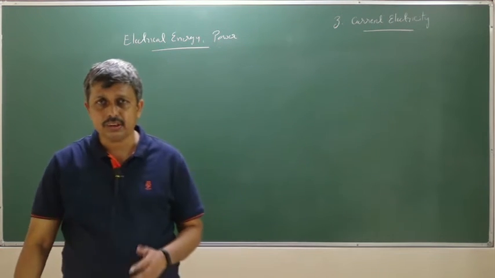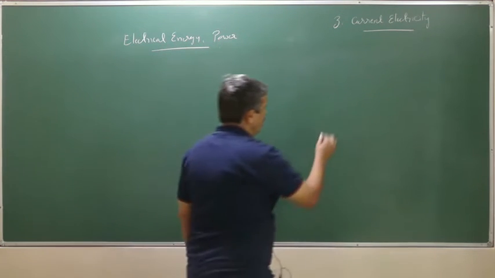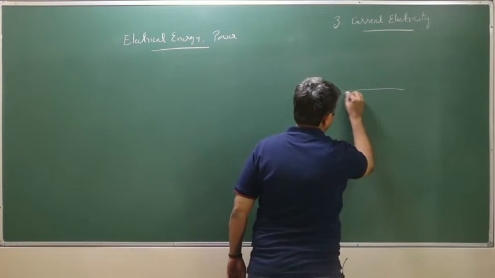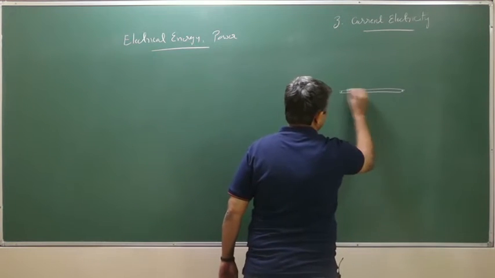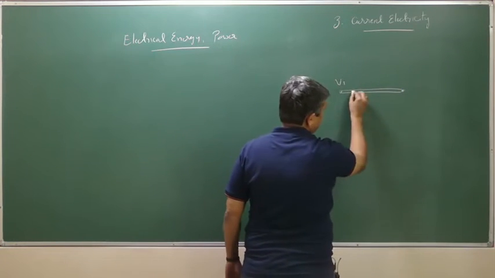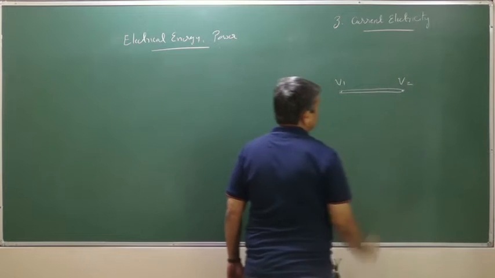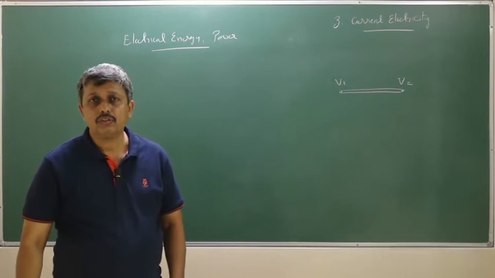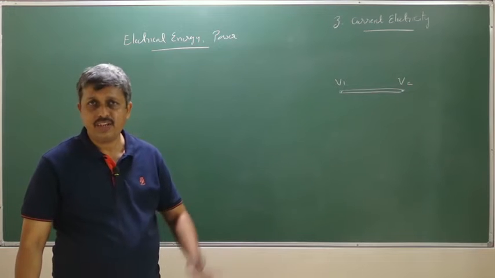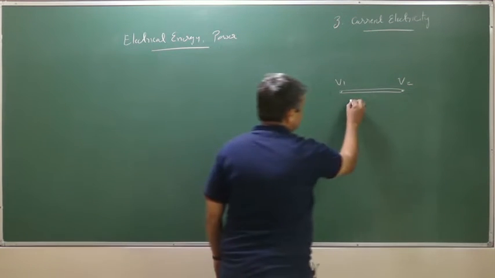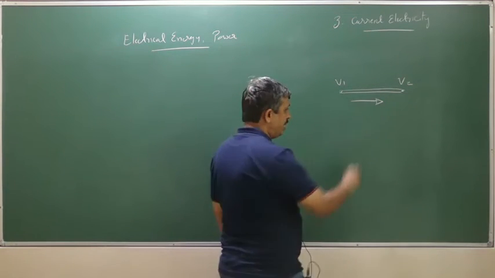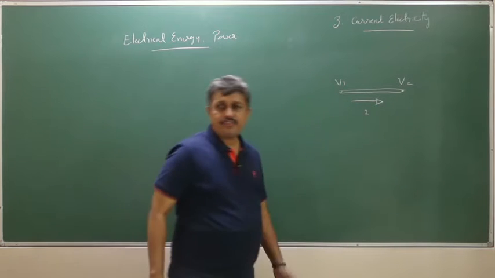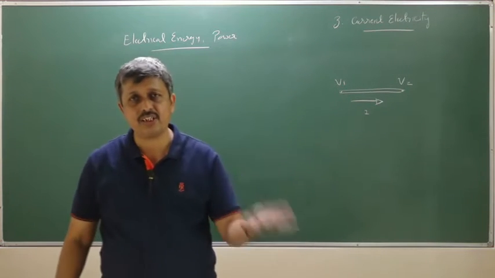So let us say there is a conductor, some resistor basically, and there are 2 points V1 and V2. If the current is flowing in this direction I, we can say that V1 is at a higher potential than V2.